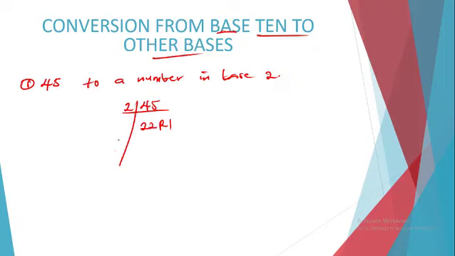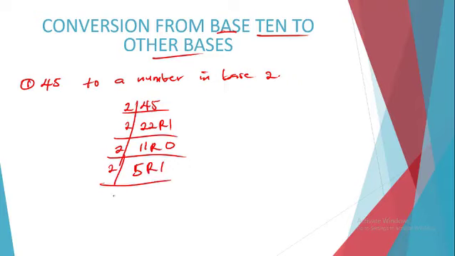And then 22 divided by 2 will give us what? 11. Remainder 0. Right? 11 divided by 2 will give us what? 5. Remainder 1. And then 5 divided by 2 will give us 2.